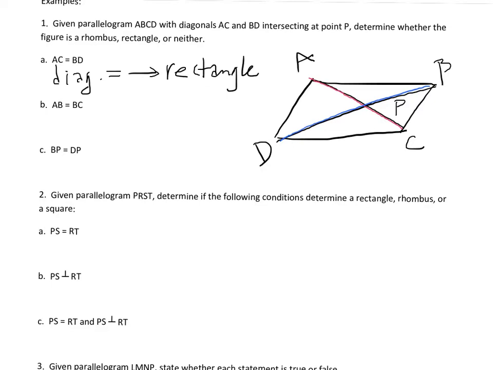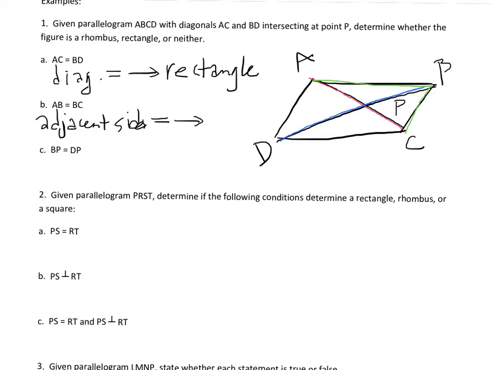So the next part says AB equals BC. So that's to say that AB, this length right here, is equal to BC. So that's saying that those adjacent sides are equal.